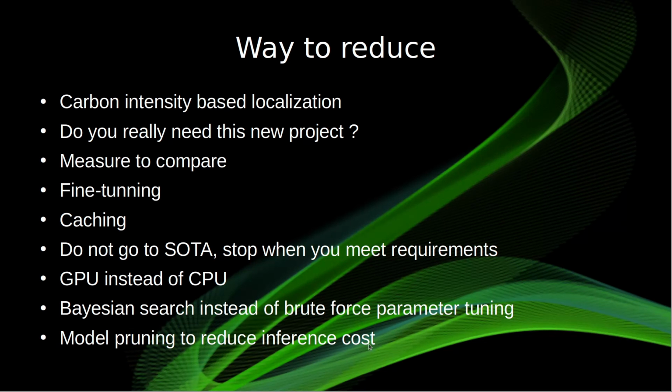We often focus on training, but sometimes it's inference that will really cost on the running time, and so model pruning is a good way to reduce a model without losing too much performance, and so it really reduces inference cost.